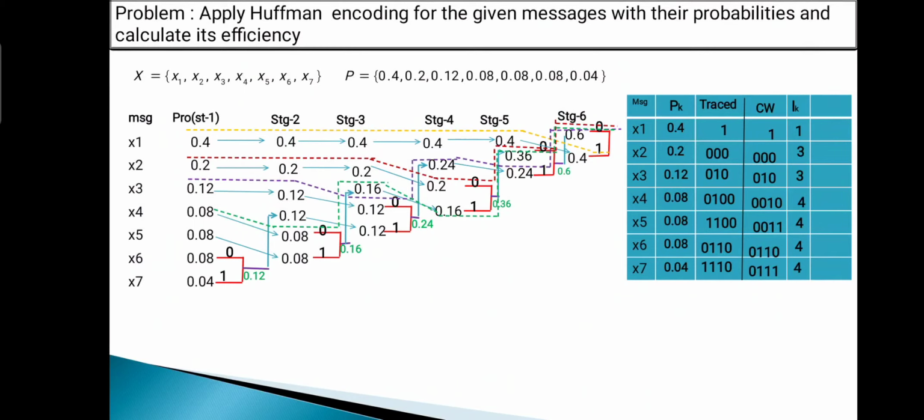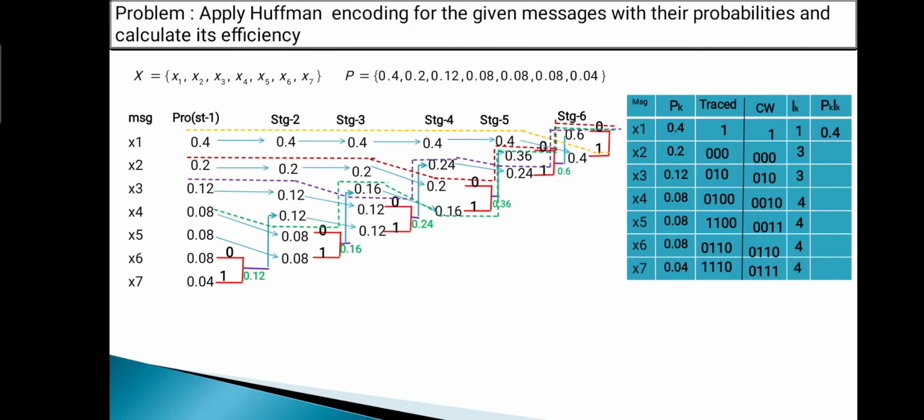So the next column, I can just obtain the product of pk and lk. So I'm just going to multiply the lk value with the corresponding probability value. So the first row, pk is 0.4 and lk is 1. So the product is 0.4. So for the message x2, the probability is 0.2 and the lk value is 3.